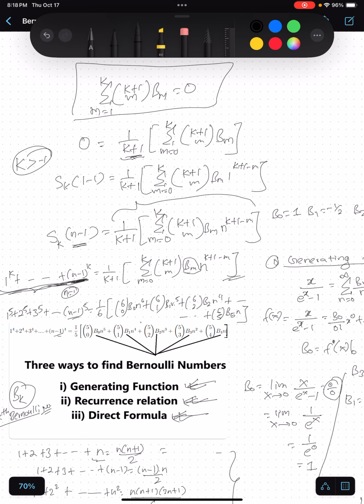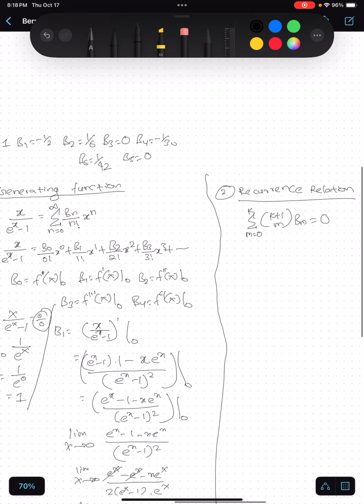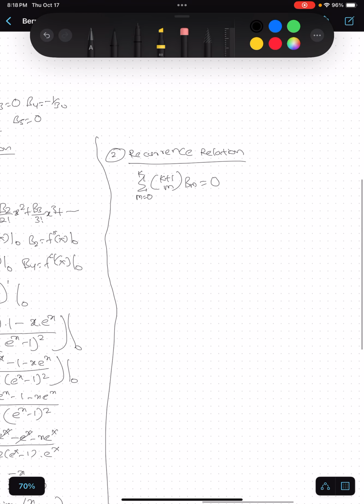So we will use this relation to find the Bernoulli numbers. But we will need the initial value, and we will just assume b of 0 is 1. We just know that. Now using this, we can find the remaining Bernoulli numbers. If you want to find this sum for k equals to 1, we get the sum from m equals to 0 to 1 of 2 choose m, b of m is equal to 0.